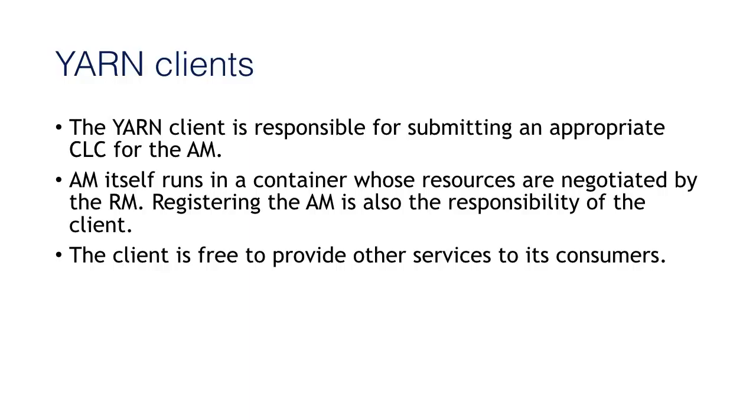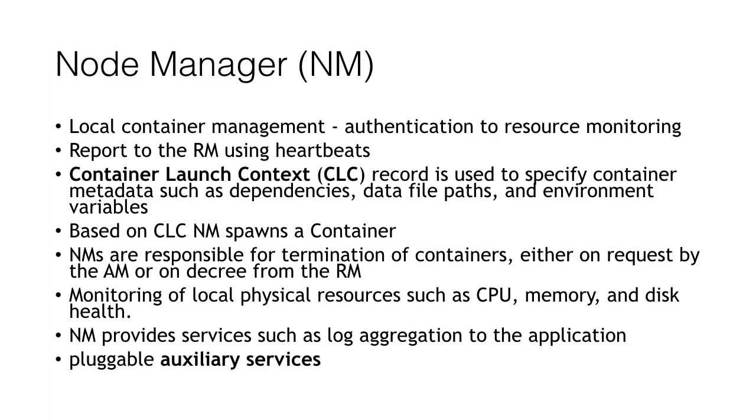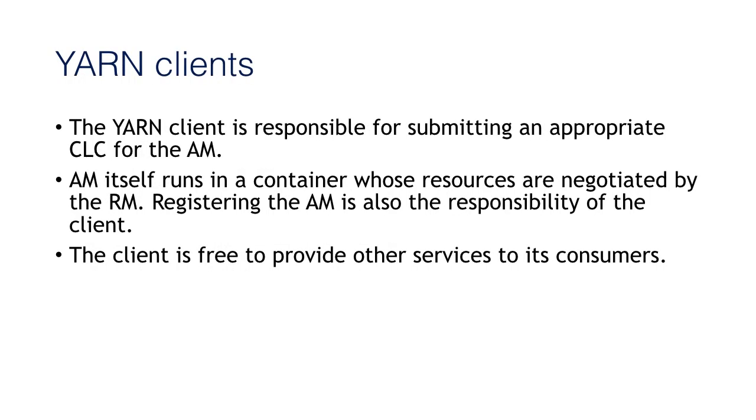So what is Yarn client? The Yarn client is responsible for submitting an appropriate CLC for the AM. The CLC is nothing but the container launch context, which we just talked about. This is nothing but the metadata, like dependencies, data file paths, and environment variables, right?